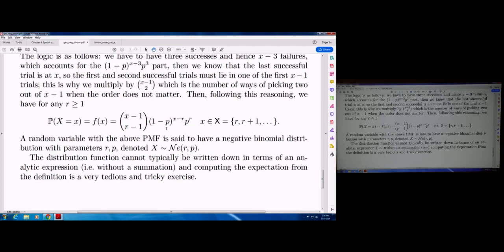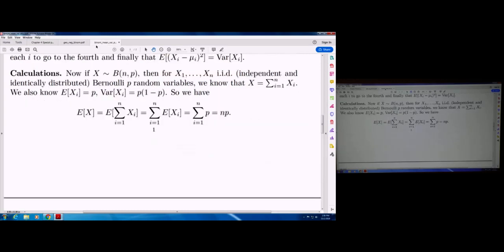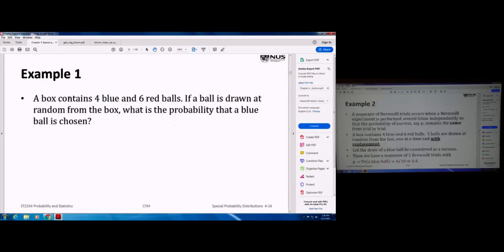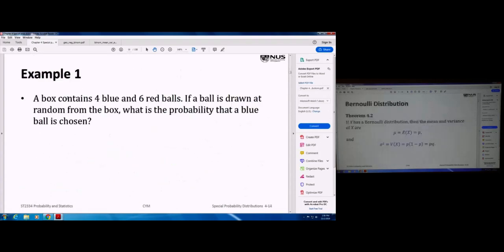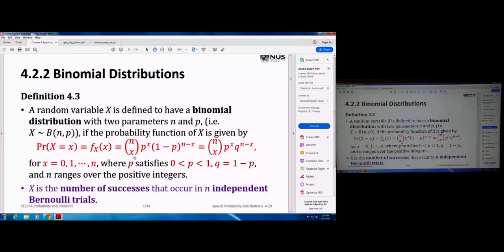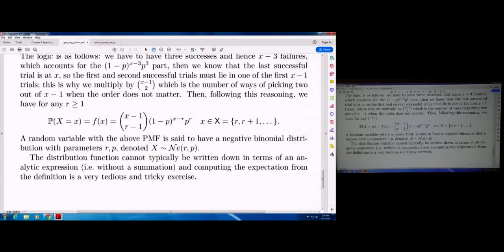Remember in the binomial case, what we had was n choose x, p to the x, (1 minus p) to the n minus x. So n is fixed, x is the random variable, and p is the parameter. In this case, x is the randomness, and r and p are fixed.